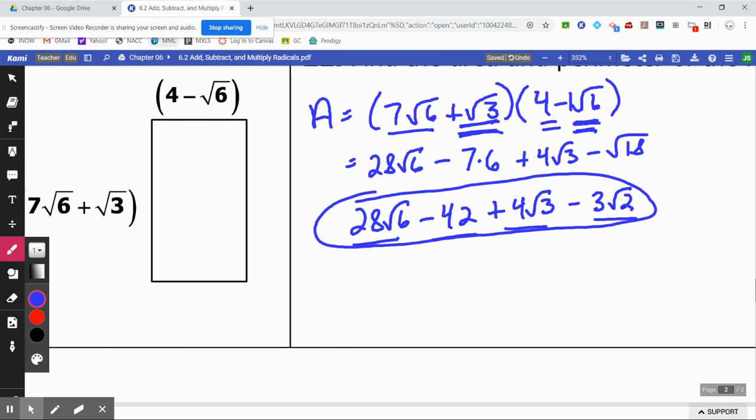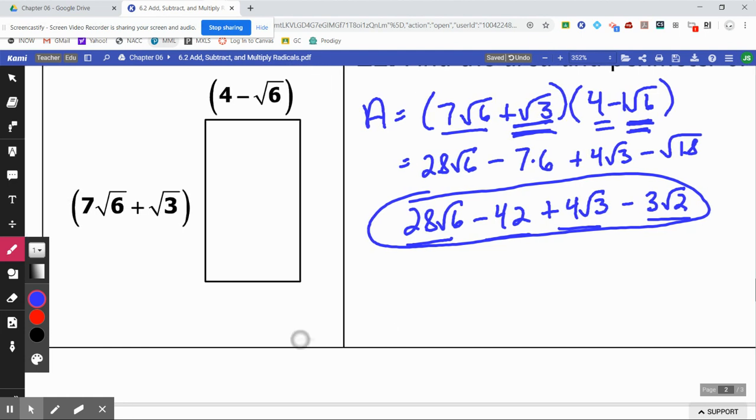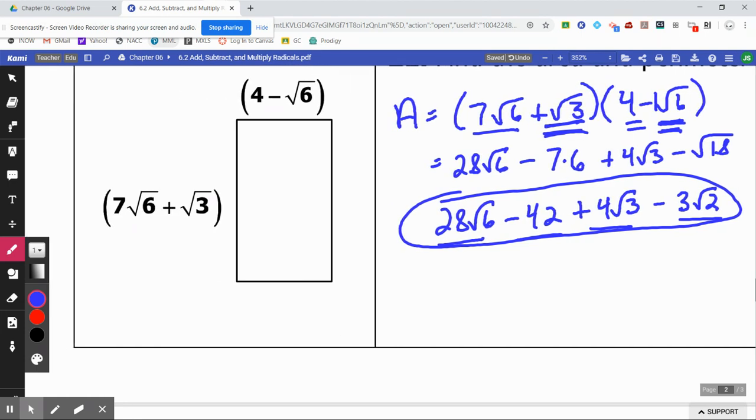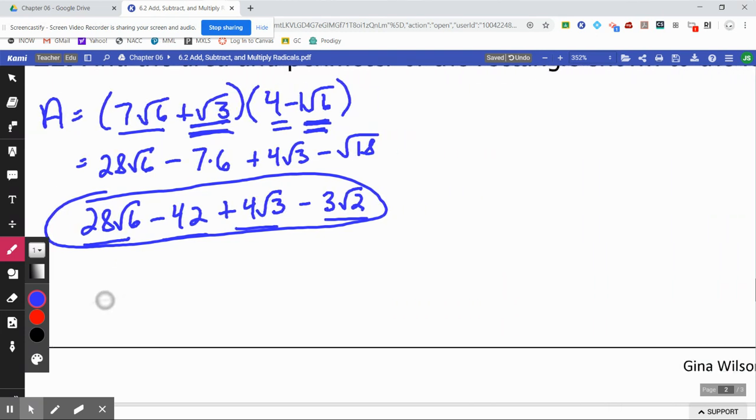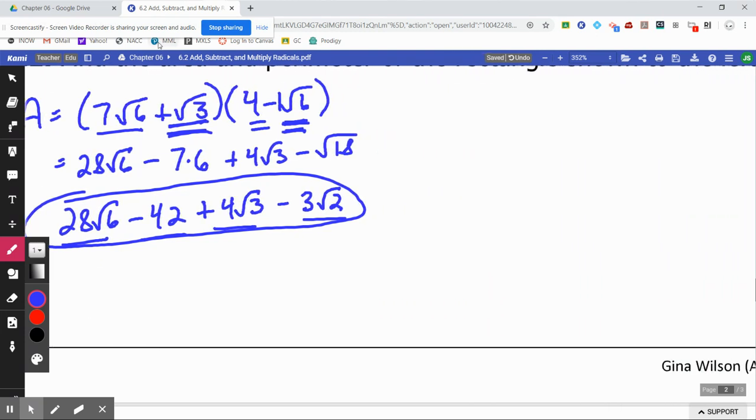Next, you're asked to find the perimeter. To find the perimeter, you're going to add together all these sides. You have a 4 minus root 6 on top and a 4 minus root 6 on bottom. You have a 7 root 6 plus 3 root 3 on left side. The right side will be the exact same thing. So what we can do, instead of saying that we have 7 root 6 plus root 3 plus 7 root 6, we can just say we have 2 of them.